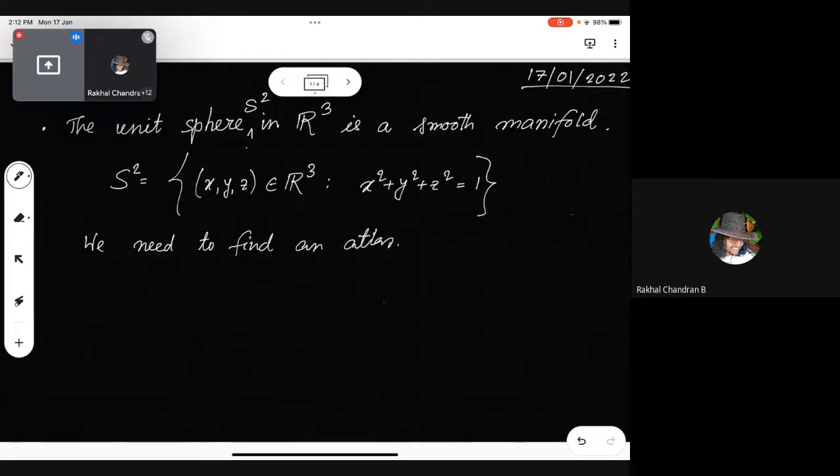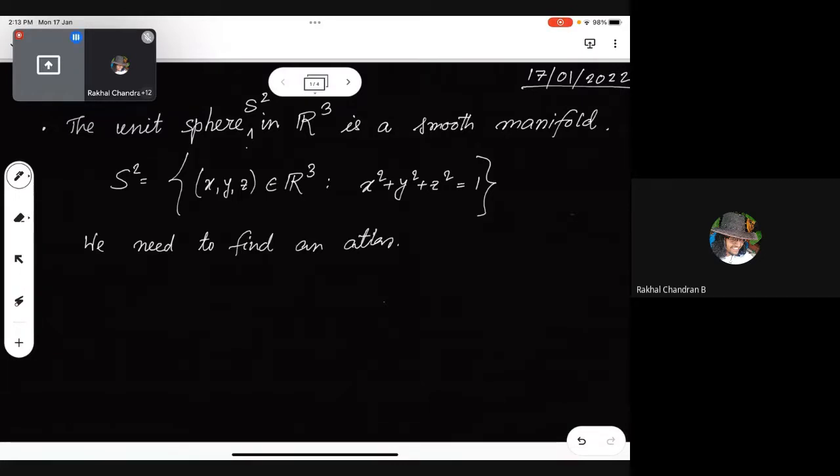The atlas may not be unique; there might be several, but if you find one, that is good enough. In a differentiable structure you might have uncountably many charts, and showing that would be very difficult. In an atlas, you just have some minimal charts that do the job.